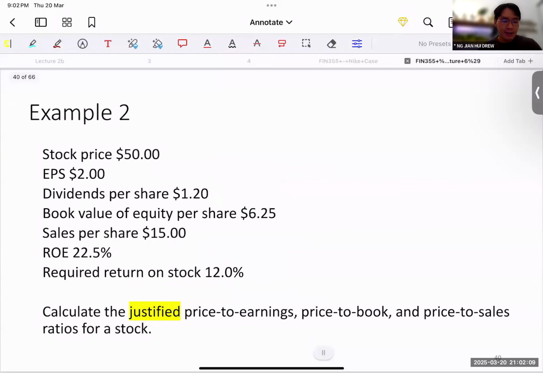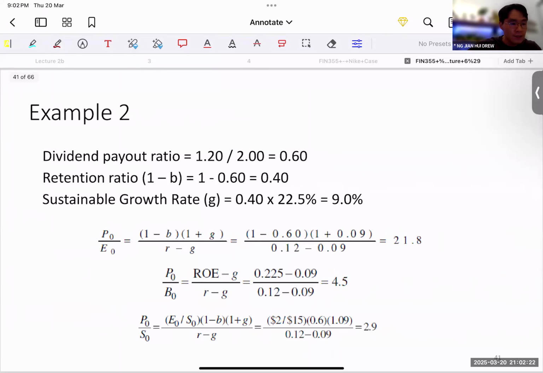But where it's a bit more tricky is your justified number. Let's see what formula we have to use. Okay, so first of all, we need to determine a few things, right? Remember your justified one, we just go through it, right? So the justified one needs a few things. We need to use our retention ratio. We need to determine our g, and those are the two things that we count. So how do we first of all determine our dividend payout?